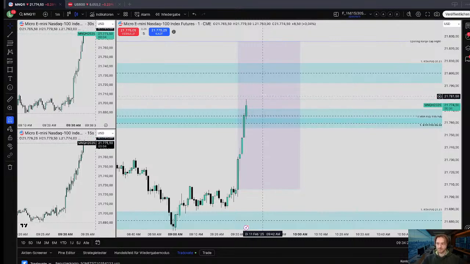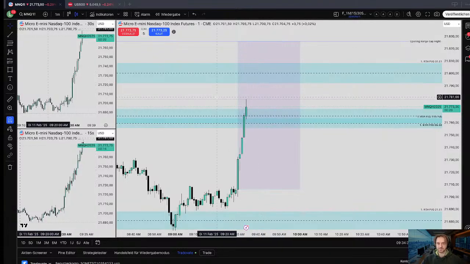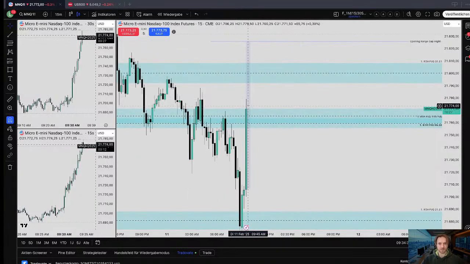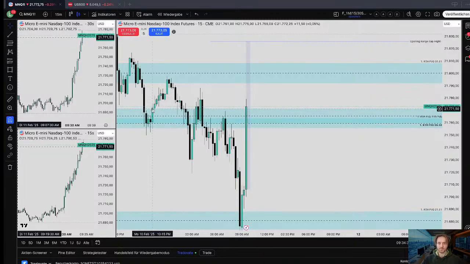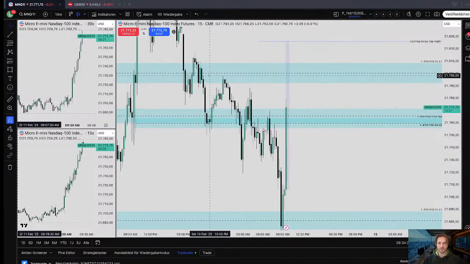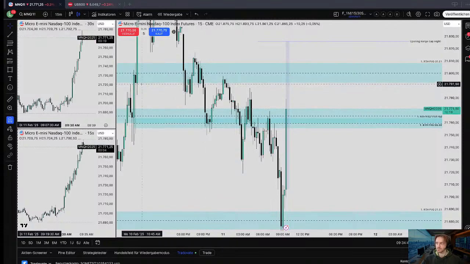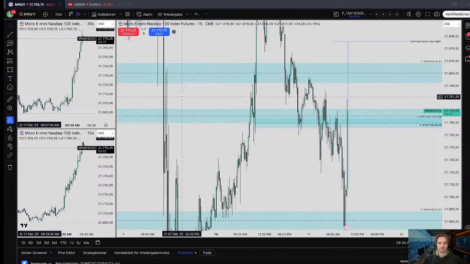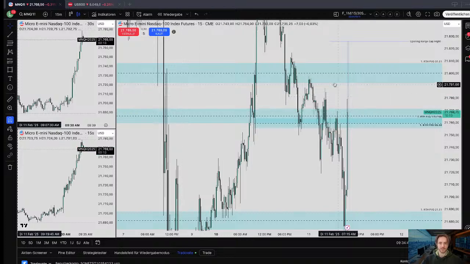Here is this level, the 15-minute fair value gap. I will show this to you as well. Which one is it? It's more this one right here, right? So this one is the 50-minute fair value gap level.